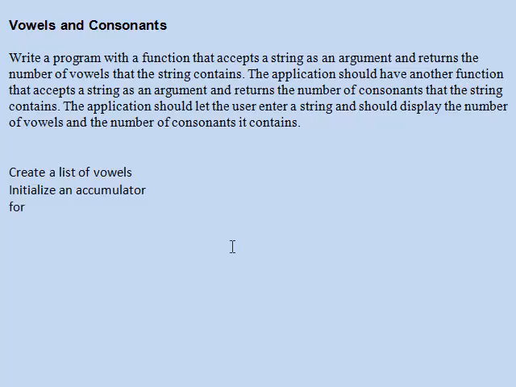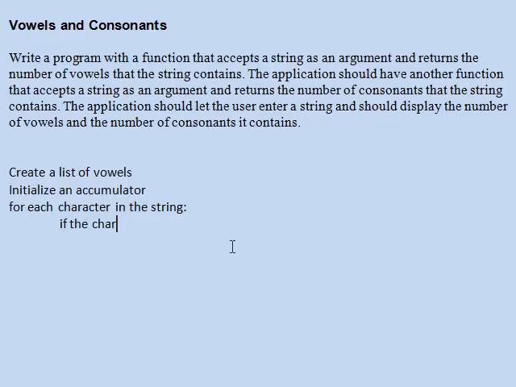And we're going to have a for loop for each character in the string. So far, everything looks to be the same. But inside the for loop, our testing is going to be different. It's going to look something like this.